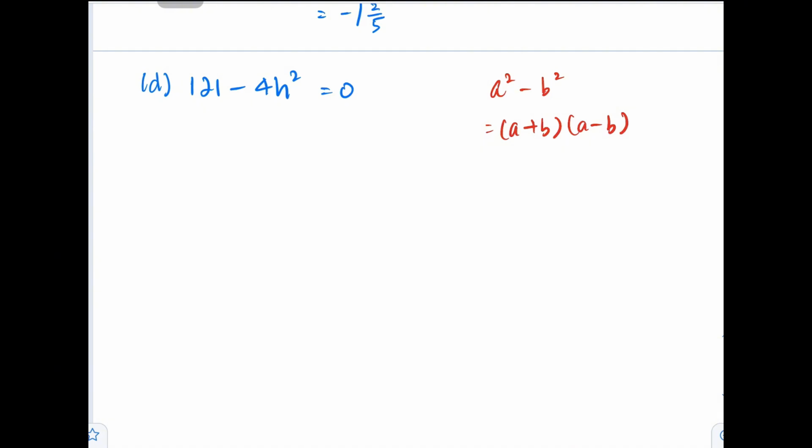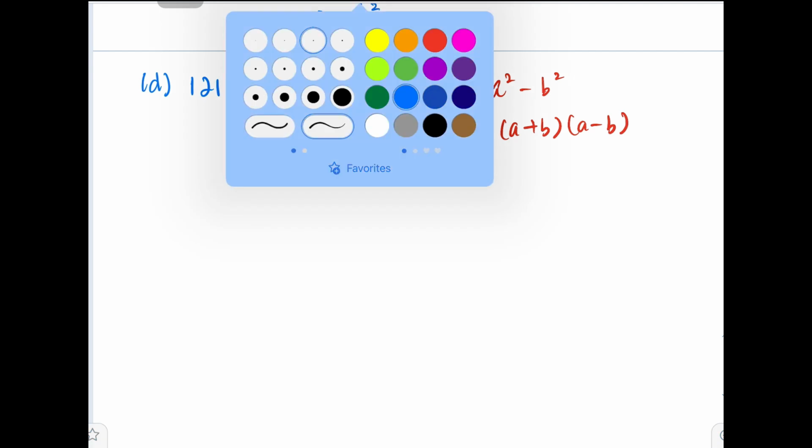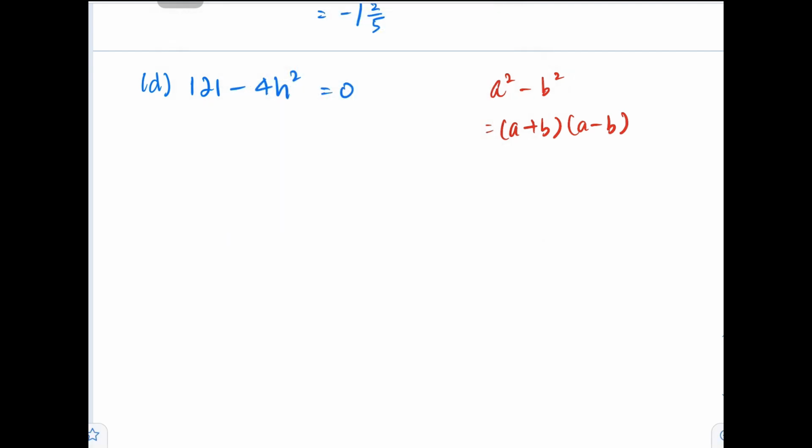So I can actually solve this by rewriting 121 as 11 squared and 4h squared as 2h bracket squared equals to 0. So this is my a squared and this is my b squared.